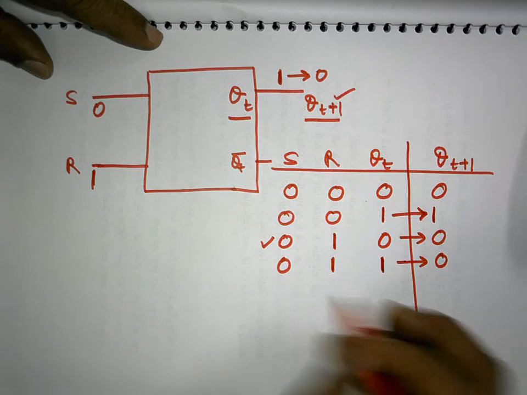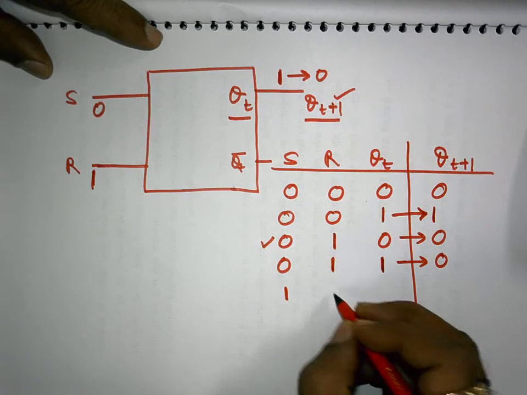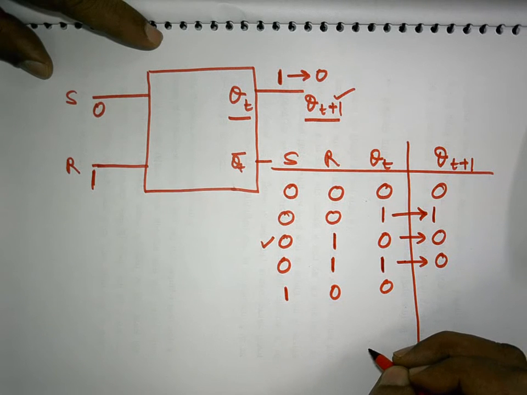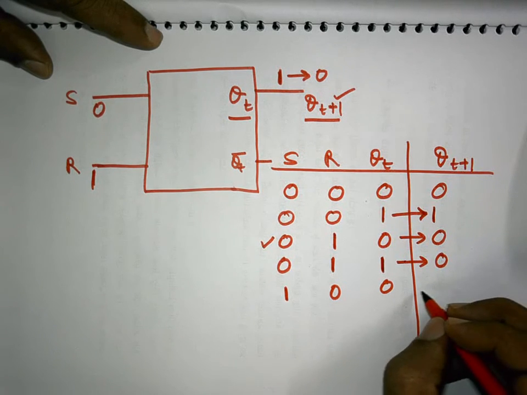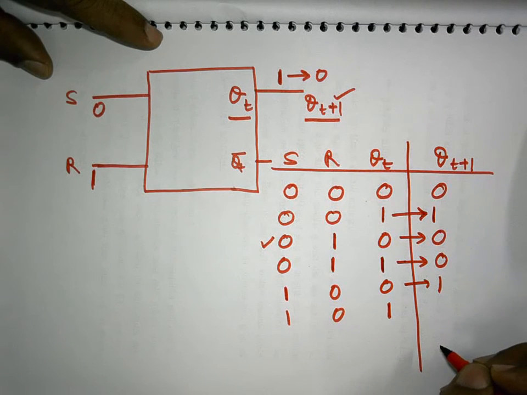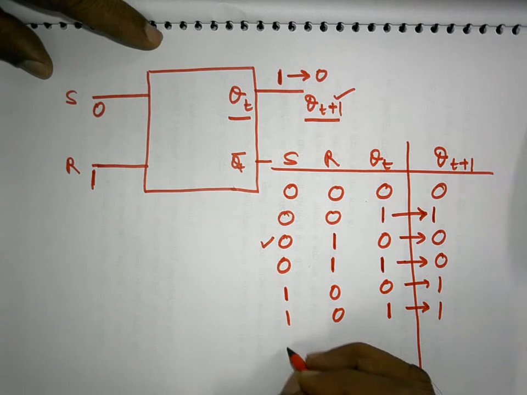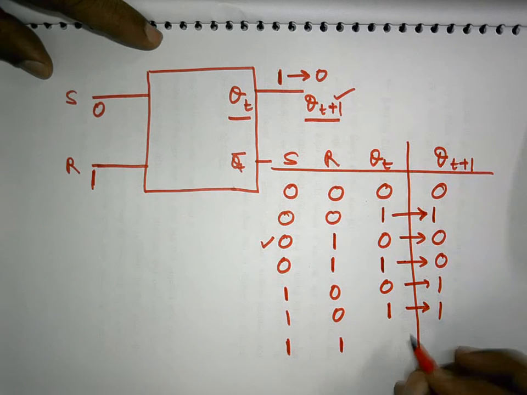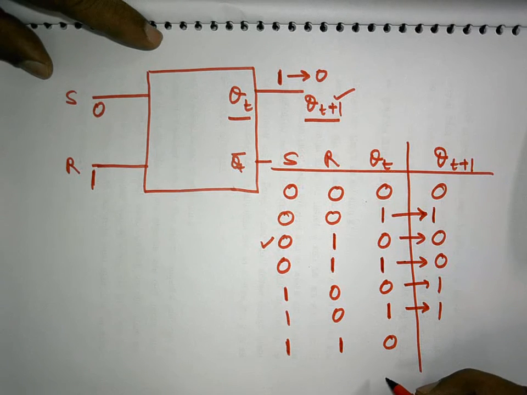Now if the applied input was 1, 0 and the present state was 0, then this will become 1. If the applied input was 1, 0 and the present state was 1, this will become 1. If the applied input is 1, 1 and the present state is 0, the output is not determined.